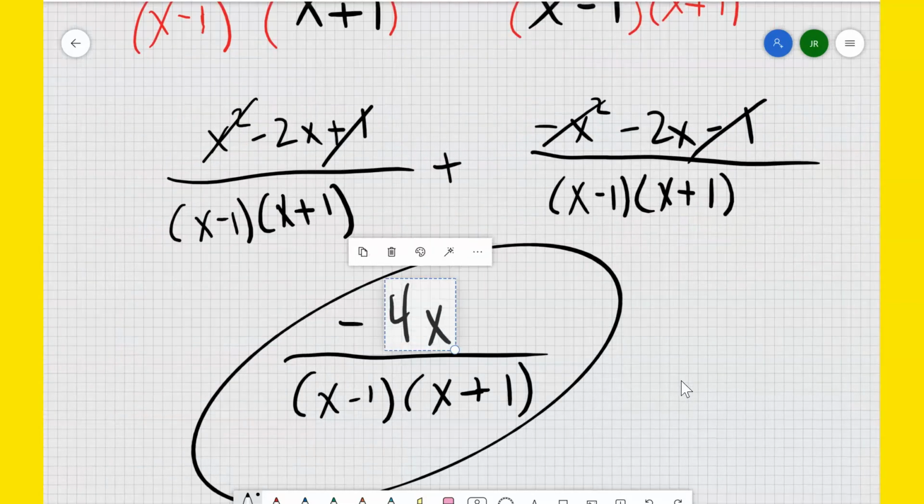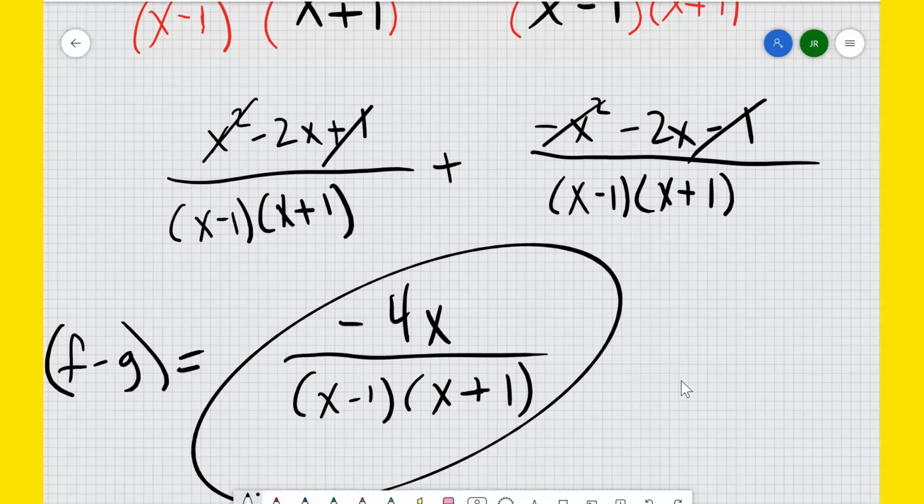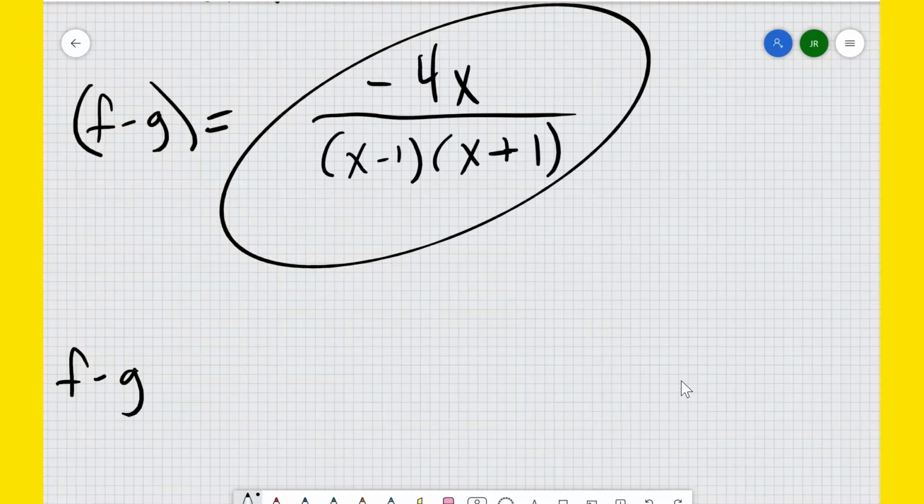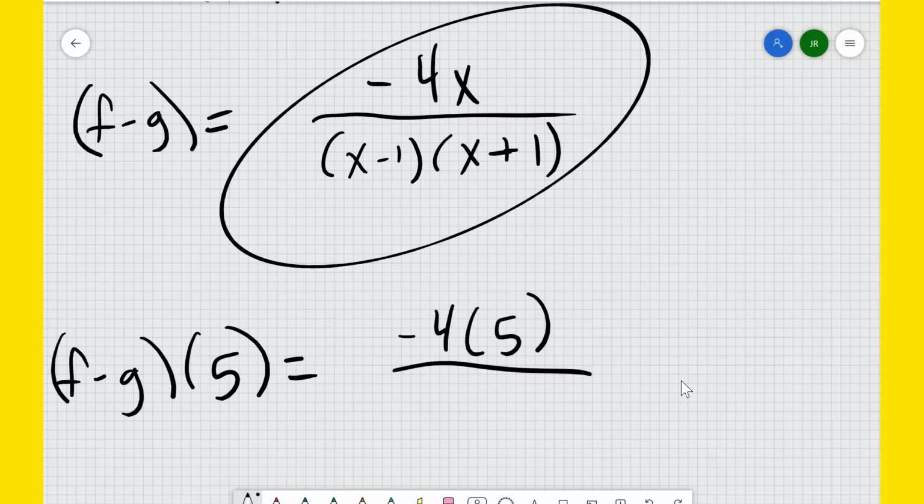Now that we found this is f minus g, if I want to do f minus g of 5, that simply means I'm plugging 5 into the function I just found. So plug 5 in for x into the answer that I just got. So negative 4 times 5 over 5 minus 1, 5 plus 1.